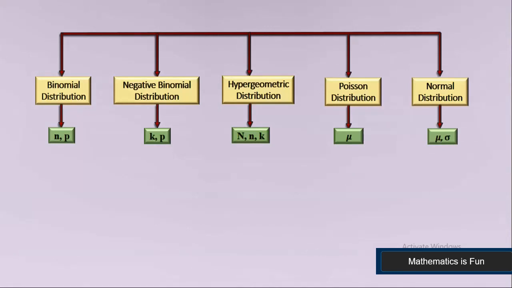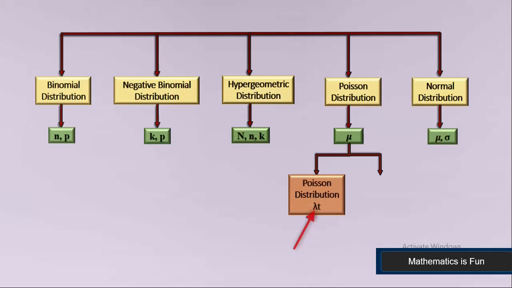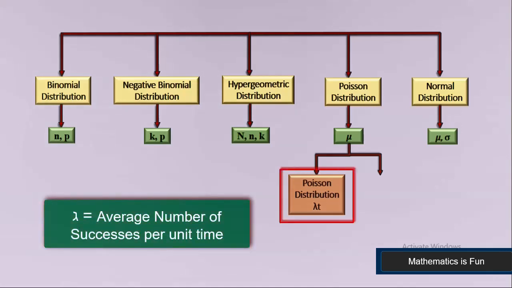Now let's have some details on Poisson distribution. In Poisson distribution, we have two categories. One is the direct Poisson distribution. In the direct Poisson distribution, the parameter mu is equal to lambda into t. Now what is lambda and t? Lambda is basically the average value per some quantity.